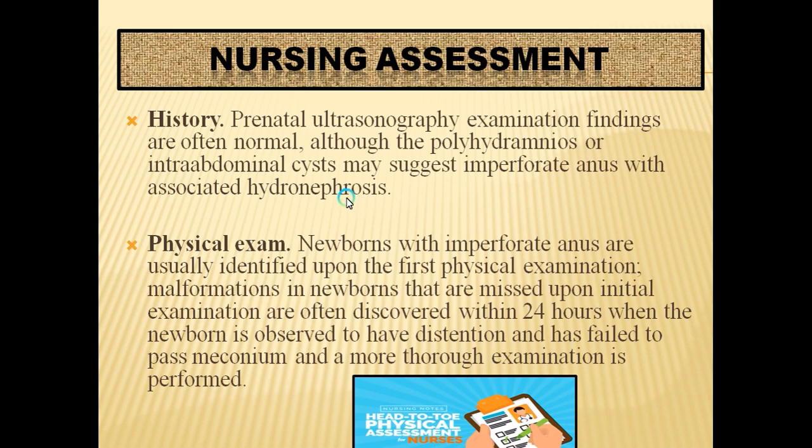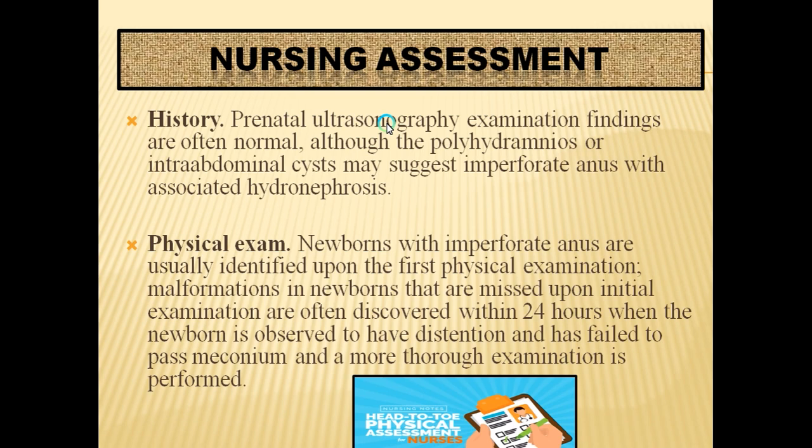Hydronephrosis can be diagnosed prenatally also. So that is why in history we have to check the findings of prenatal ultrasonographic examinations. This might be normal, or this might give us an idea of associated defects.